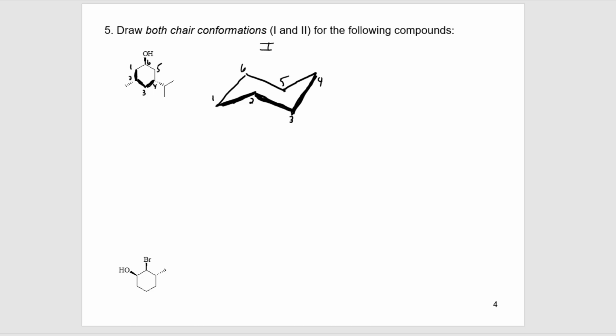You could have done this bottom edge here and here and here and made this 1, 2, 3, 4, 5, and 6. It doesn't really matter. Make it easy on yourself and try to do this type of analysis. Don't start numbering up at your alcohol. Try to keep it as close to your drawing as possible.